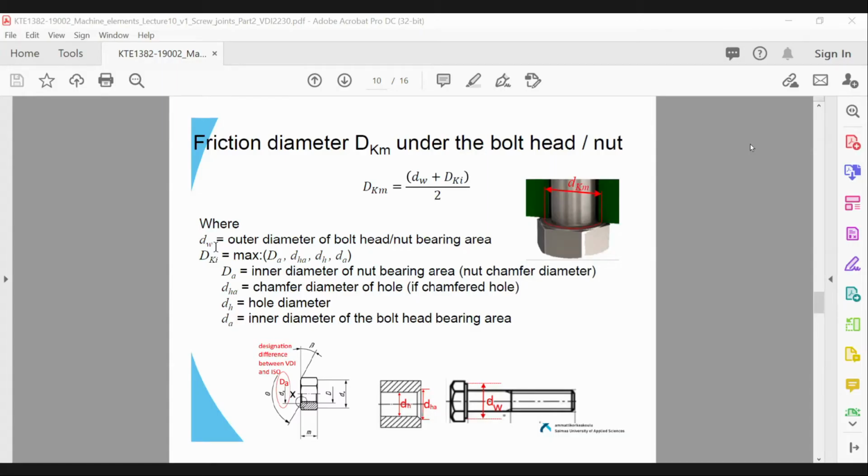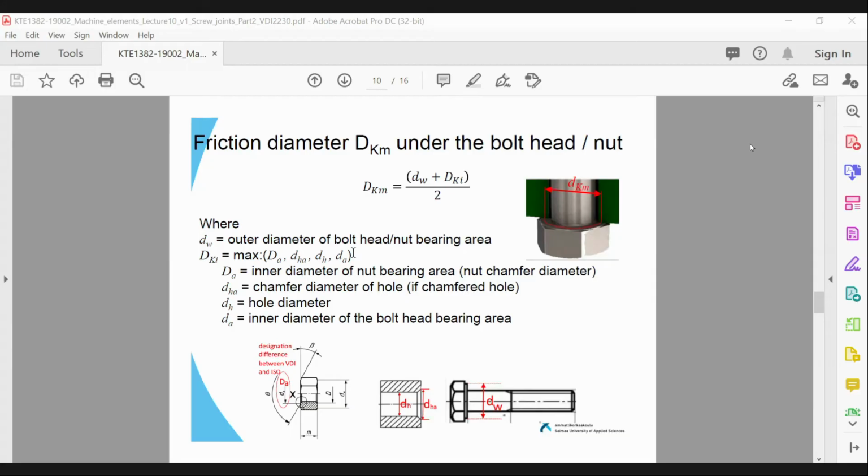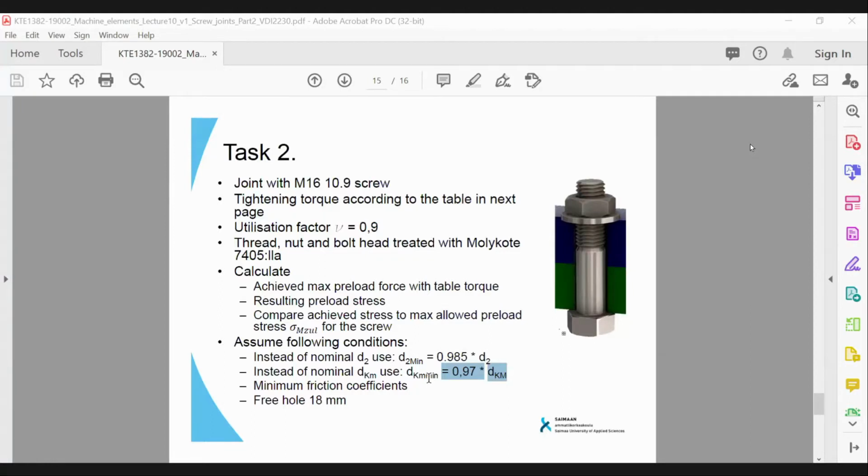So if you calculate the DKM with this, well, it actually doesn't matter much if you calculate with maximum or minimum, but then you apply this 0.97 factor in this DKM to obtain the DKM min.